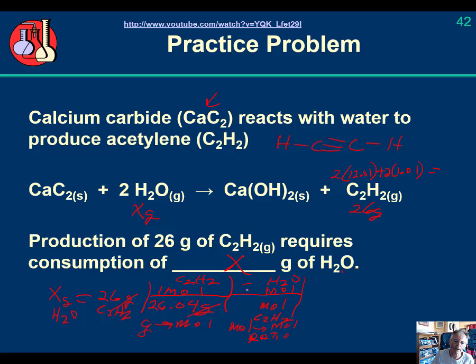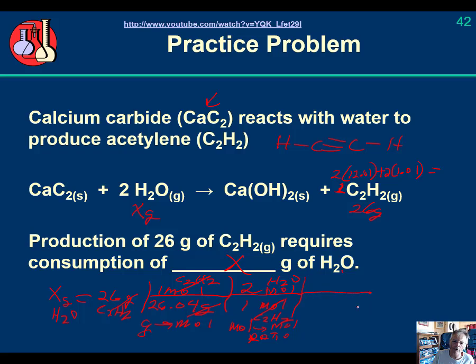Coefficient of water is 2. The coefficient of C2H2 is understood to be 1. That's a little crooked, but it's a 1. So that's 1. When I multiply and divide, moles of C2H2 cancels, and I wind up with moles of H2O.